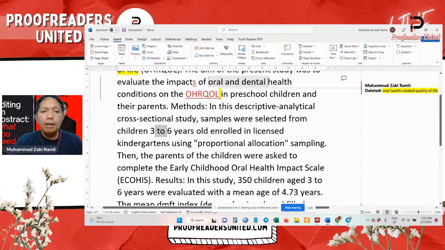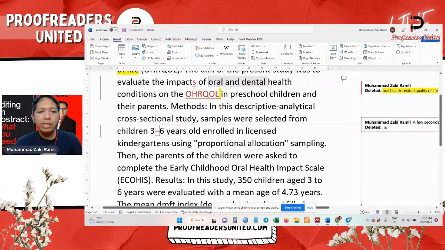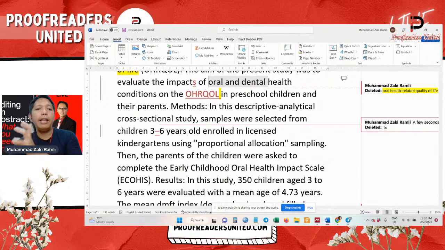If I still put the word "to" over there, it's 196. That means by just changing from the word "to" to a dash, we can save one word.